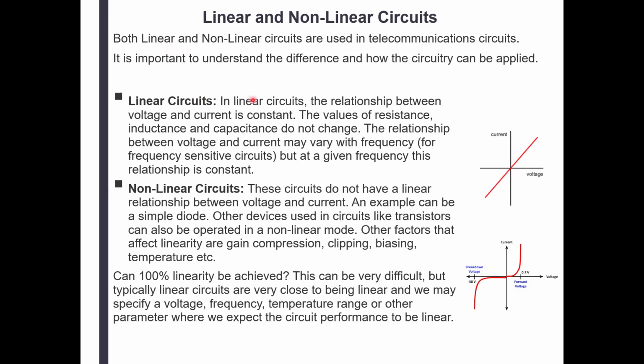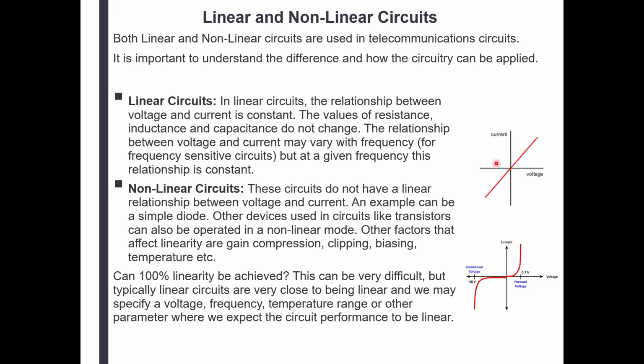Linear circuits. In linear circuits, the relationship between the voltage and the current is constant. You get a straight line. In a regular DC circuit, when you have a power supply connected to a resistor, maybe connected to another resistor in series, and then a closed loop, if you measure the voltage over one resistor, it's going to be proportional.